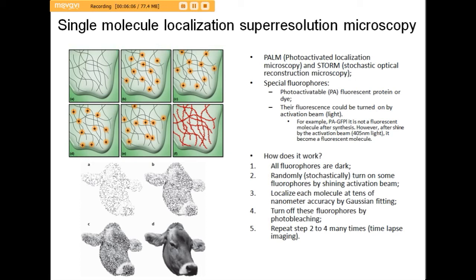This can be readily controlled by the intensity. The lower the intensity, the fewer photons per area. This small number of photons could be randomly absorbed by PA-GFP to convert it from inactive state to active state. So now let's assume these PA-GFP molecules are activated.